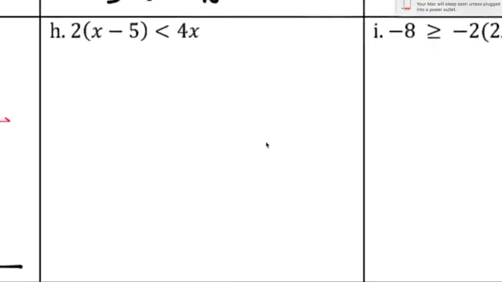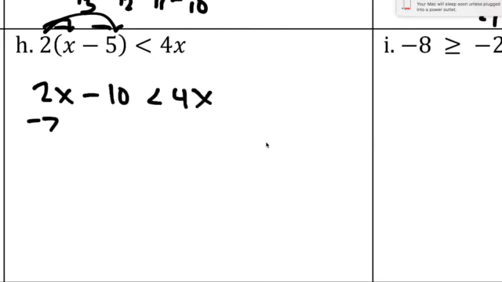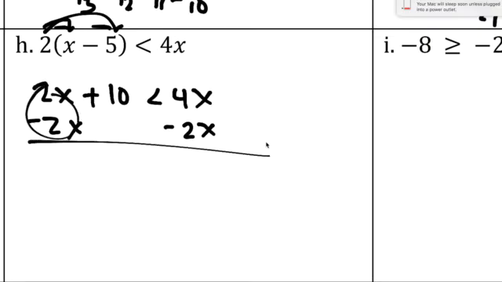All right, distribute first. 2x, distribute minus 10. 4x minus 2x to both sides. It's 0, additive inverse, that's negative 10 is less than 2x. Divide by 2.